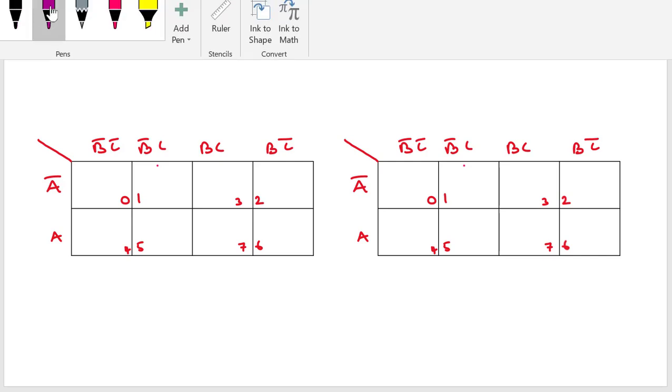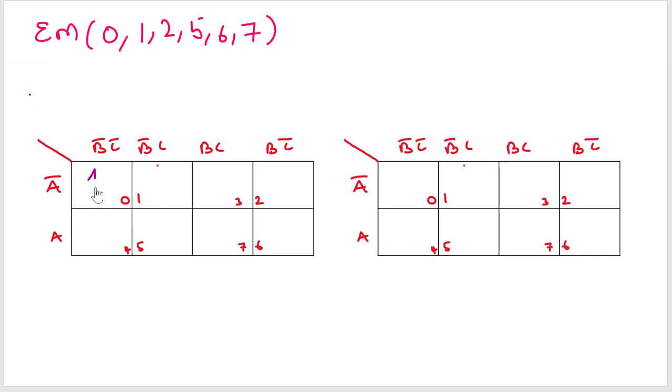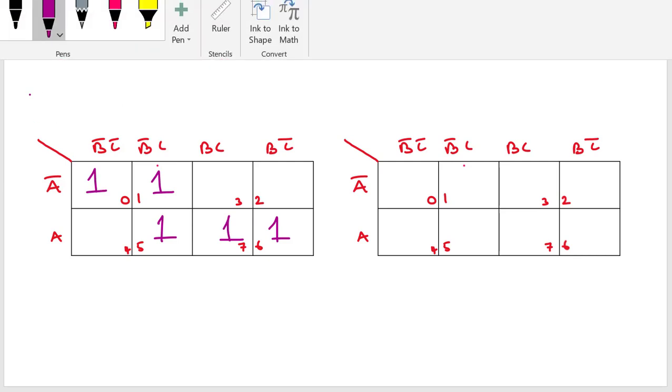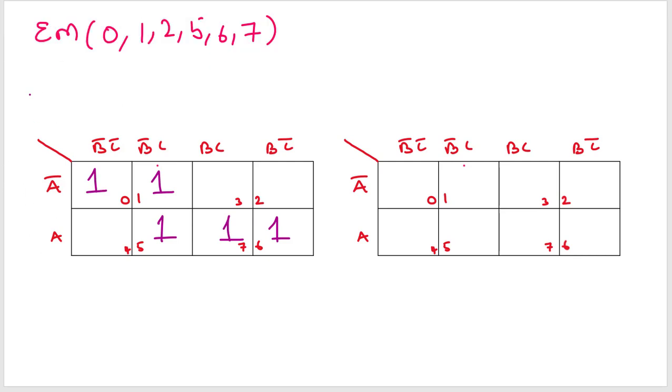First we'll fill the minterms. 0 is 1, 1 is 1, 2 is 1, then 5 is 1, then 6 is 1 and 7 is 1. Now we'll try to form the pairs since a quad is not possible. We'll make these two ones as one pair, these two ones as one pair, and these two ones as another pair.